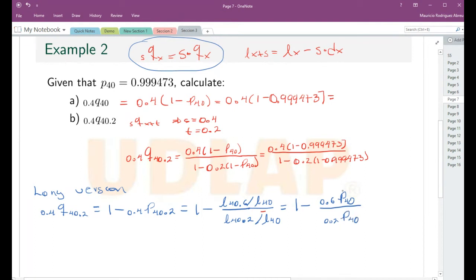As you can see, I am getting to something similar to this, because from this expression now, I know that this is 1 minus 0.6, 40, and 1 minus 0.2, 40.